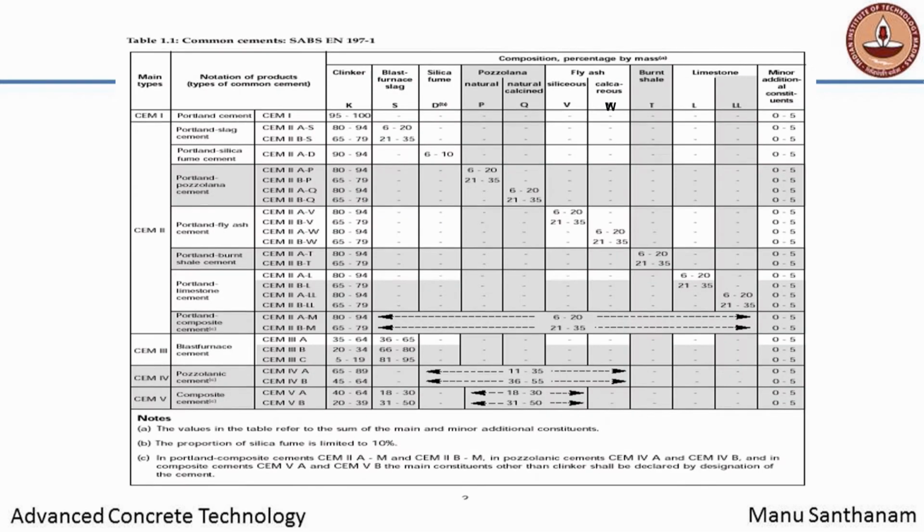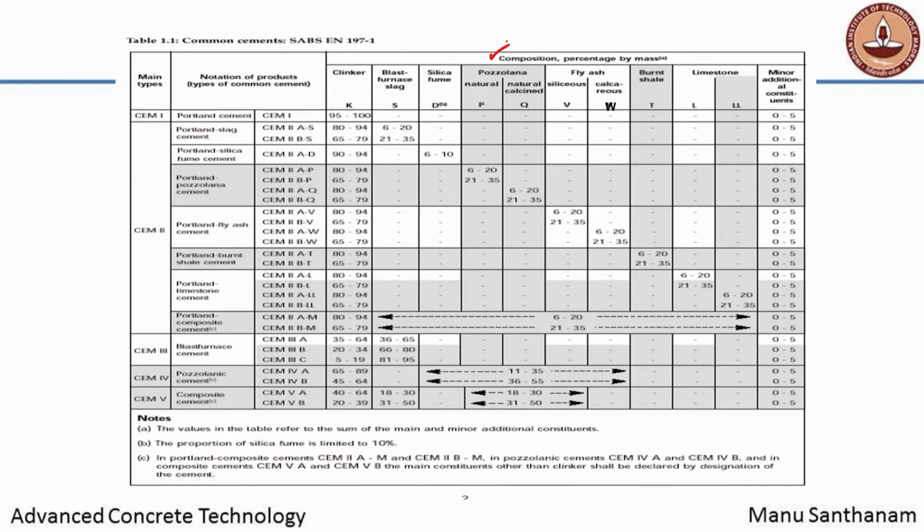So, for the other types, that is type 4 and 5, you need to then refer to this table. Okay. Now, this table can be very confusing to the average engineer. So, you really need to understand this table well to interpret what your cement type actually is. So, if you look at this, on the top it presents the composition in terms of percentage by mass, and it gives you clinker, blast furnace slag, silica fume, natural pozzolans or natural calcined pozzolans, which will include what?